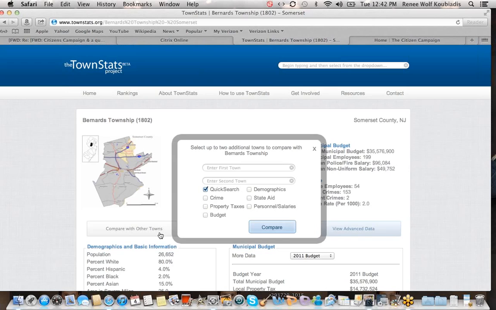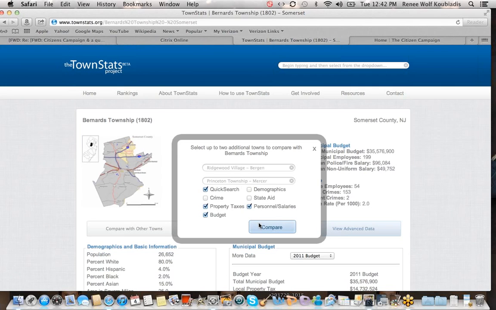So, for example, if we took two other towns, let's take Ridgewood and just type in Ridgewood, and we typed in Princeton Township. After hitting the compare with other towns button, let's compare on property taxes and budget, and personnel and salaries.